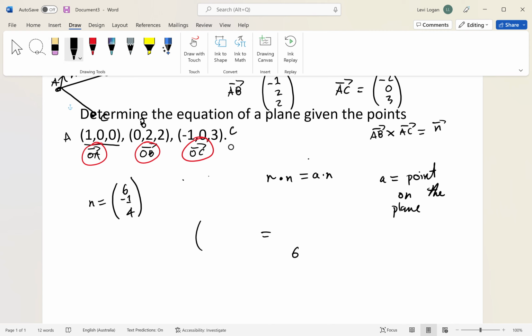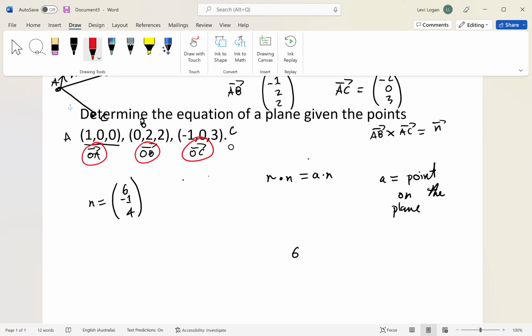Let's go C, negative 1, 0, 3, dotted with 6, negative 1, 4: 6 times negative 1, plus 0 times negative 1, plus 3 times 4. So you get negative 6 plus 12, you also get 6. So it works for any of the points up here. It works for A, B, or C because they are points on the plane.